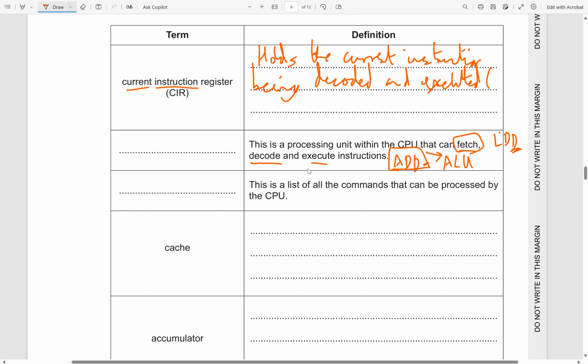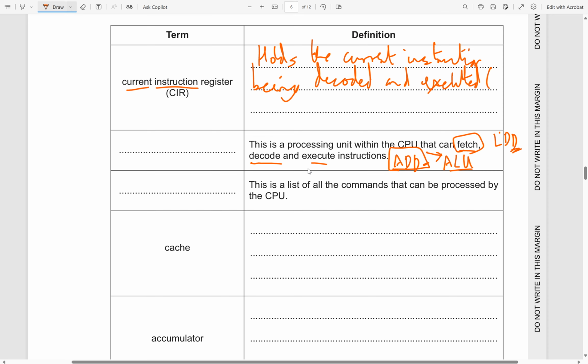This could be just a number, so then it's going to add the number with the contents of the accumulator. This could also be an address. If it's an address, first of course we would have loaded that data into the MDR. Then the ALU is going to take the data in the MDR and add it to the accumulator.